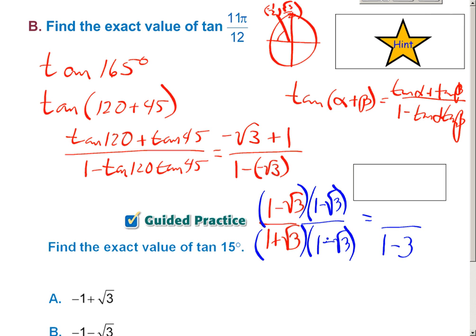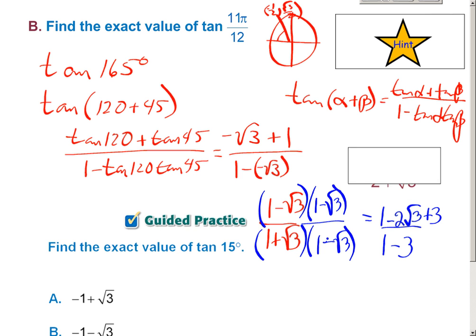And the numerator, we have a minus b, the quantity squared. So that's a squared, 1, minus 2ab, so minus 2 radical 3, plus b squared, so plus 3. And just a little bit of changing there then should give us negative 2 plus the square root of 3.